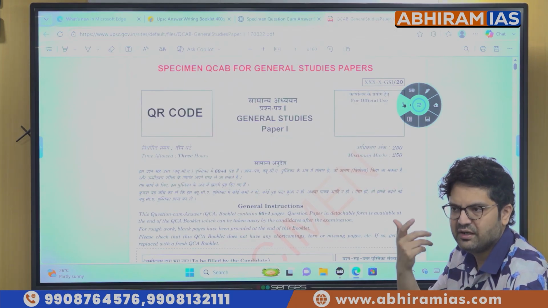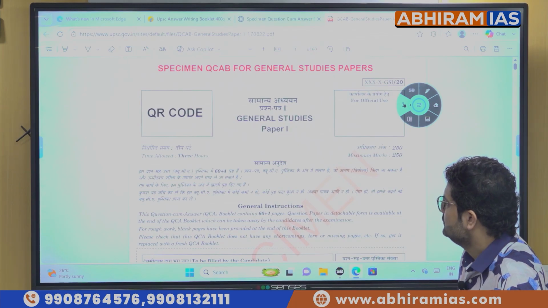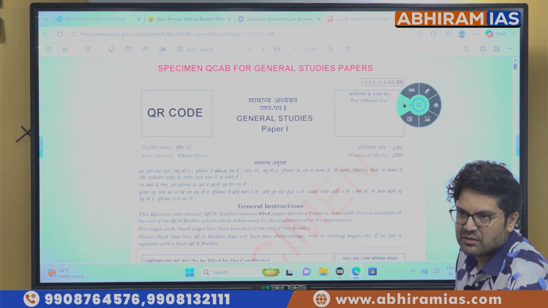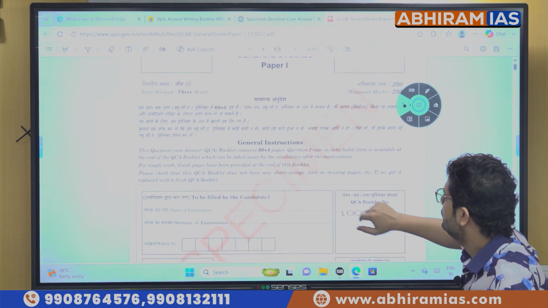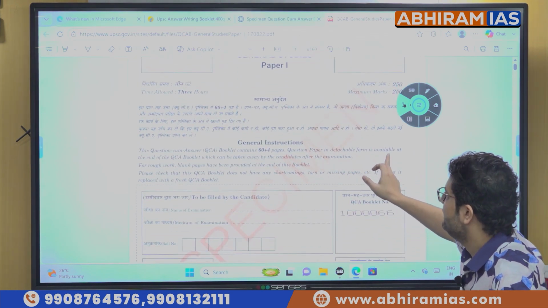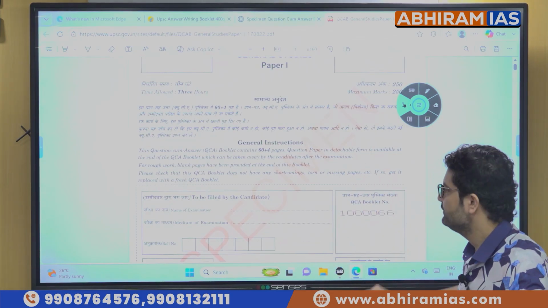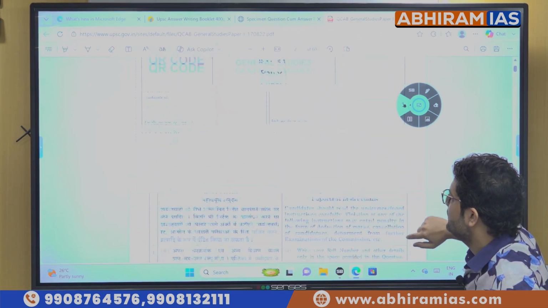You can tear it and take it away home. That is allowed. This is the answer copy. So it is called the QCAB, question cum answer booklet. So question paper in detachable form is available. At the end, at the back, you will have all the questions. You can tear it and take it home. The rest, this is the booklet to submit. All these things are there.